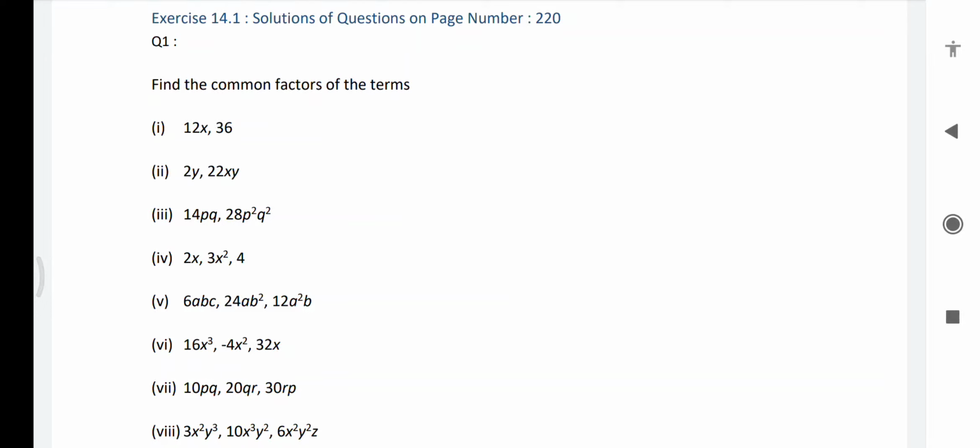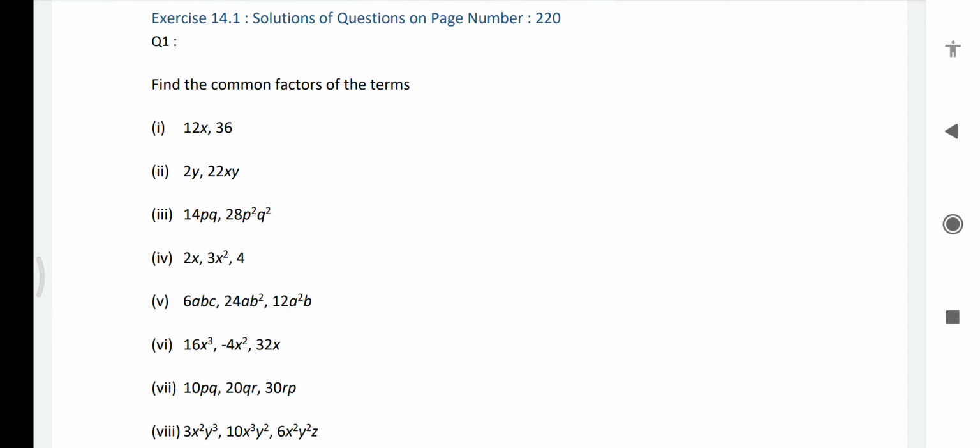Common factors means in given expression, whatever number or variable is common must be in all the expressions.